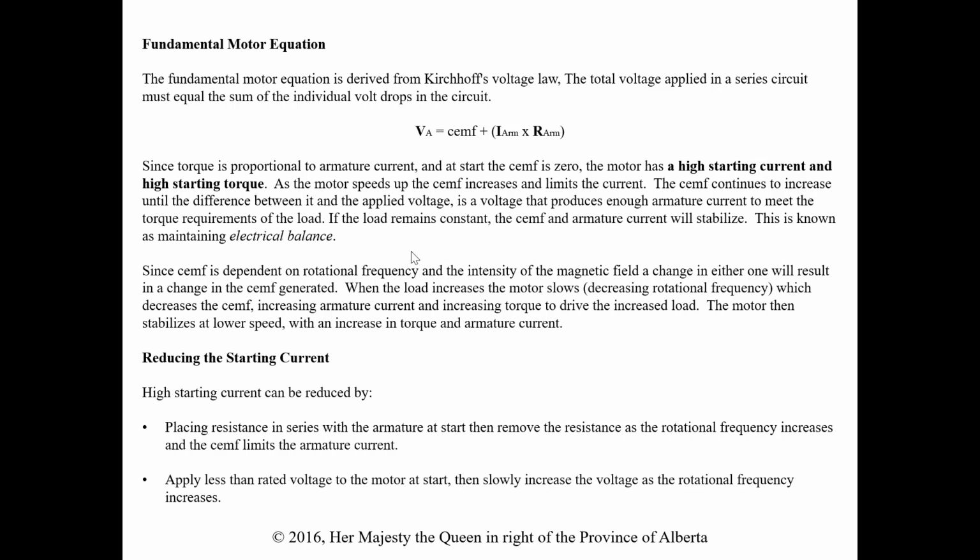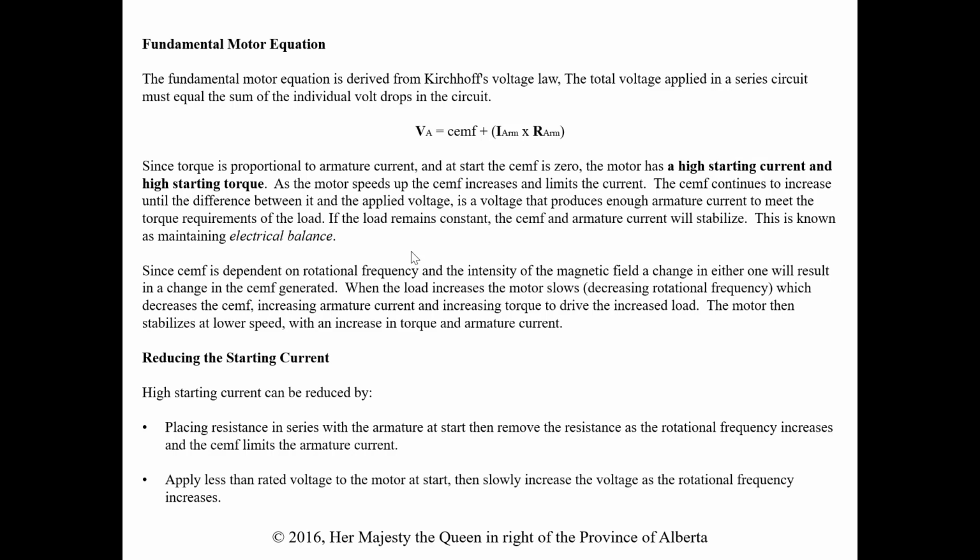Since the CEMF is dependent on rotational frequency, we're basically going to induce a voltage based on how fast we're spinning in that magnetic field and the intensity of that magnetic field. A change in either one would result in a change in the CEMF generated. So when the load increases, the motor slows, decreasing the rotational frequency.